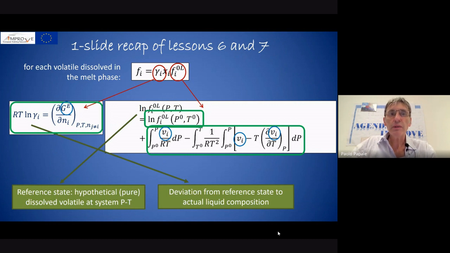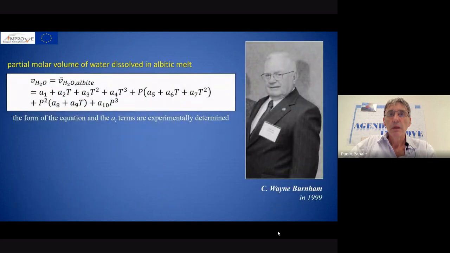Let's talk first of the volume of the hypothetical pure dissolved volatile. In the case of water, we can count on a substantial experimental and theoretical work by the great petrologist Wayne Burnham and his co-workers on albite melts developed from the 60s to the early 90s of the last century.